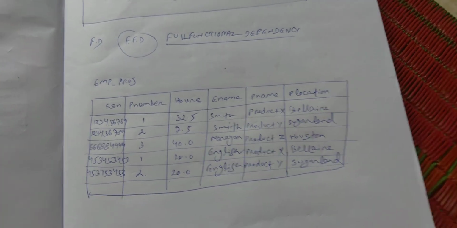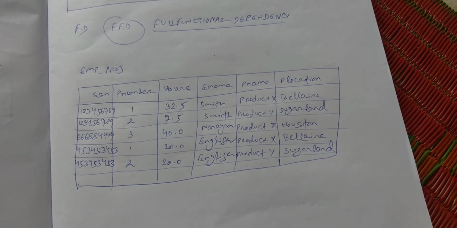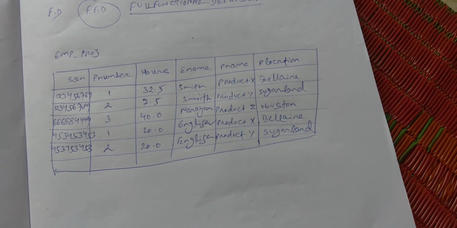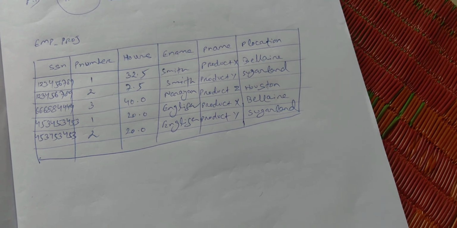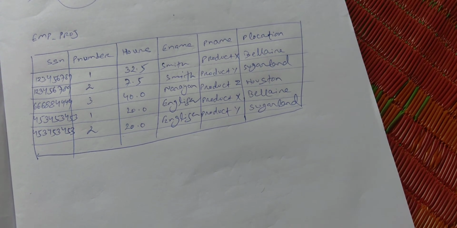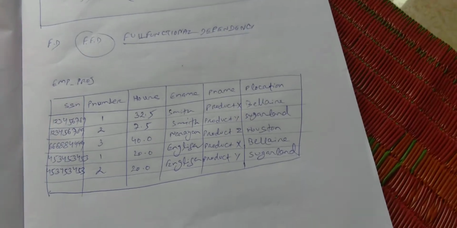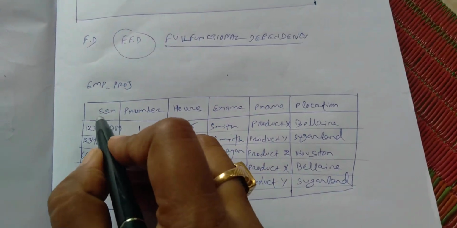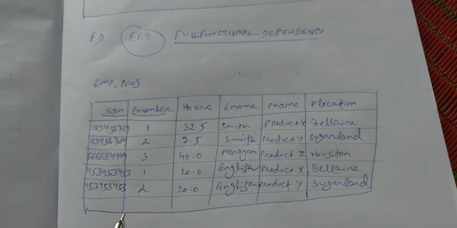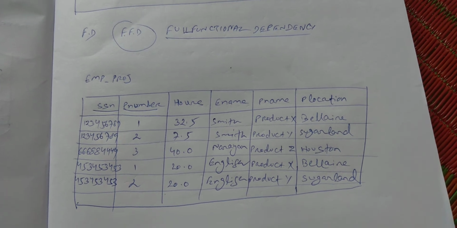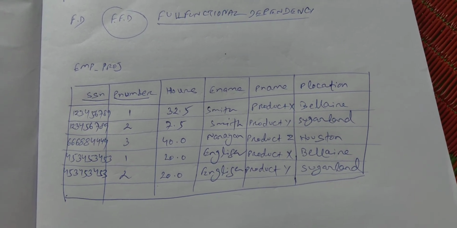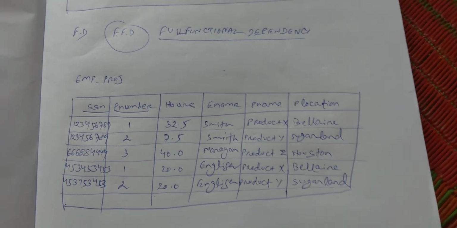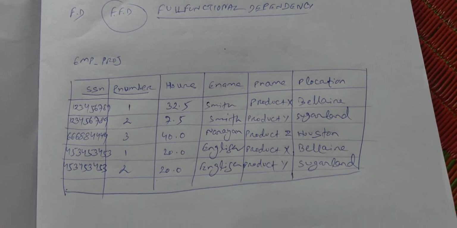Say the key of the relation is SSN and P number combinedly. These are the key of the relation, because if you are mentioning a relation schema or relation state, you have to mention the primary key. So SSN and P number combinedly are the primary key for this.